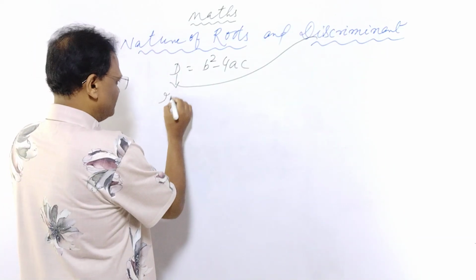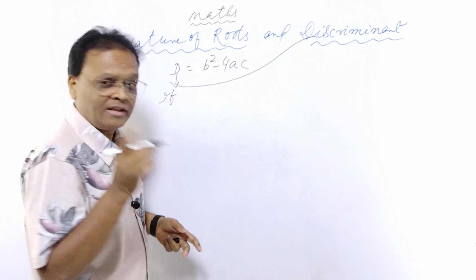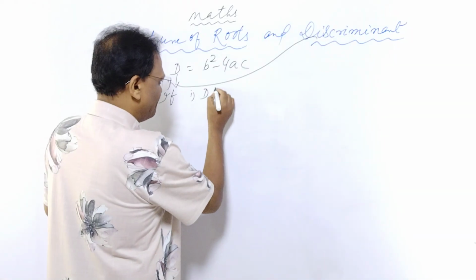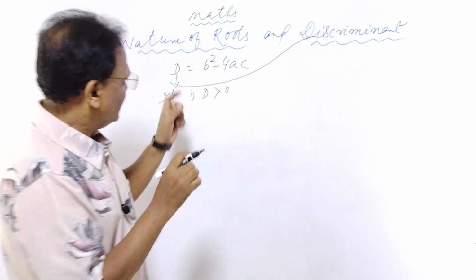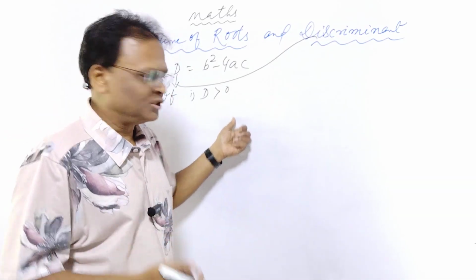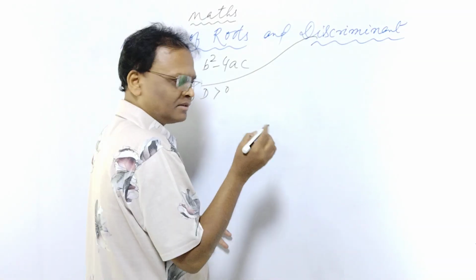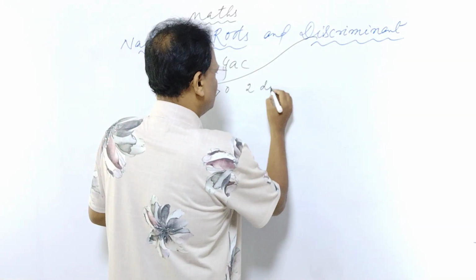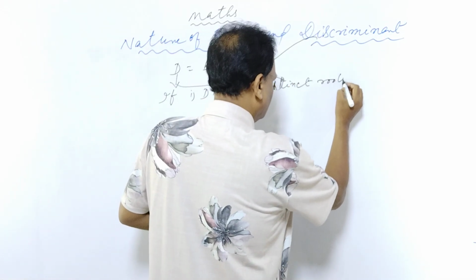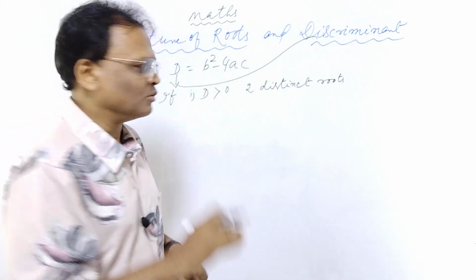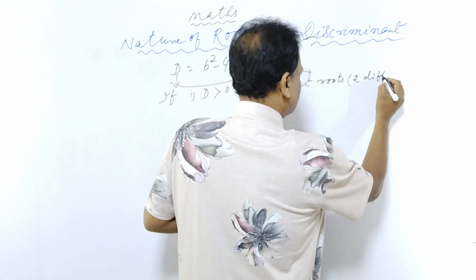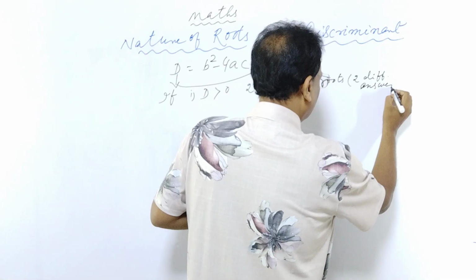First, if, note it down, very important again. The first one is if this D value is greater than 0. D का जो फाइनल जो आंसर आता है अगर वो 0 से greater है, if it is bigger than 0, then roots exist. Two distinct roots will get, two distinct roots, means two different roots, two different numbers, what I can say, two different answers.